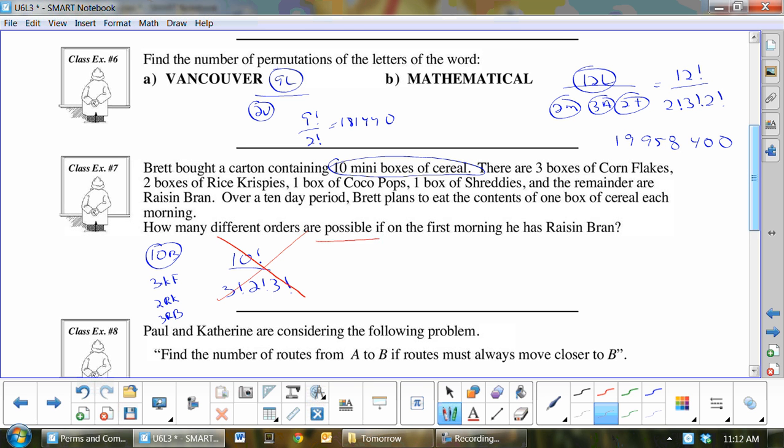He says the first morning he will have Raisin Bran. So that gets taken out of the pool. Therefore, how many different boxes of cereal am I dealing with? So now it's 9 factorial, and what number down there changes? This changes to 2 factorial because Raisin Bran is taken out of the pool.